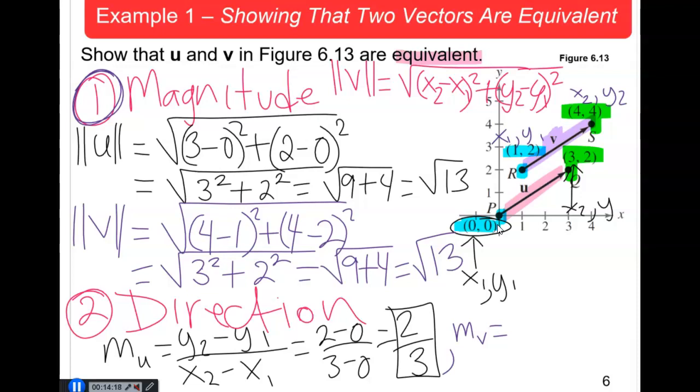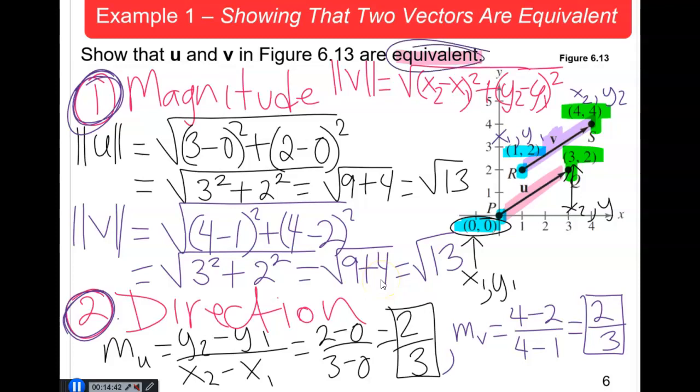So that will be 4 minus 2, the y values on top, subtracting, and then the x values on the bottom, 4 minus 1. And so that would be 2/3, also positive. So now that we have checked that they do have the same direction and the same magnitude, then we could say that they are equivalent. So this is true.